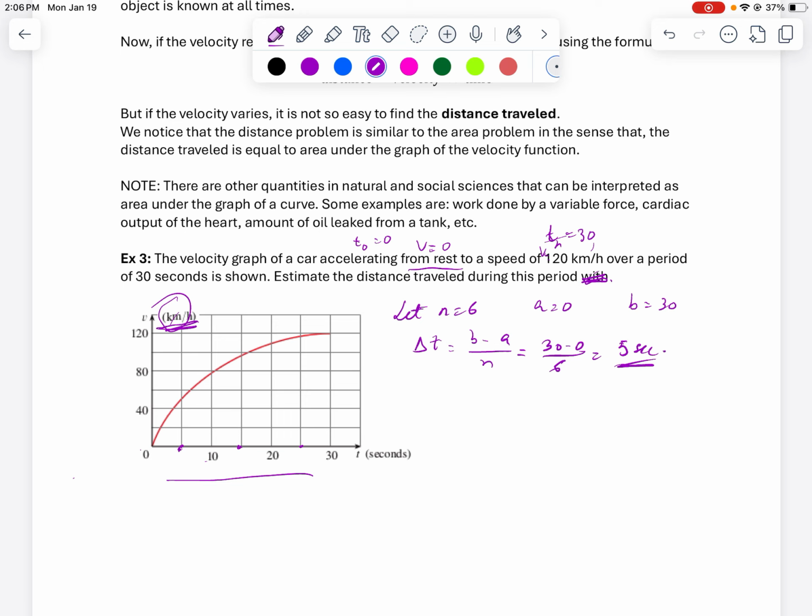In 1 hour there are 60 minutes, and in 1 minute there are 60 seconds. So if I divide the 5 by 60 and then by 60, it is going to give me 1 over 720 hours. So this is our delta t.